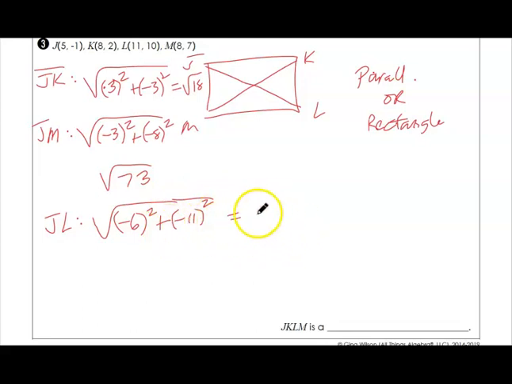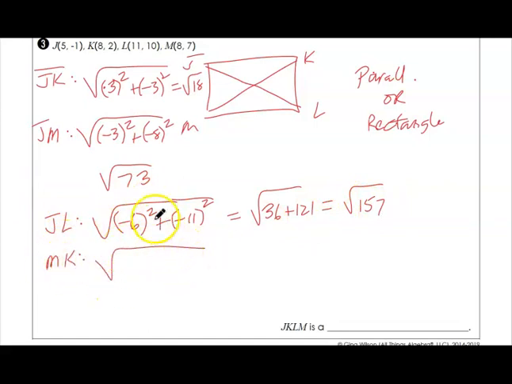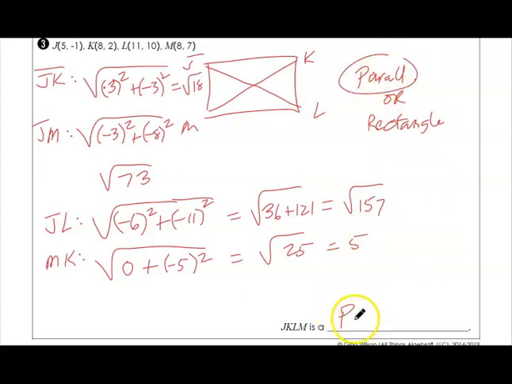And that's the square root of 36 plus 121, the square root of 157, okay? And then we'll check MK to see if they're the same. So 8 minus 8 is 0 squared. 2 minus 7 is -5 squared. So that's going to be the square root of 25. So obviously they are not the same. So this is going to have to be a parallelogram.